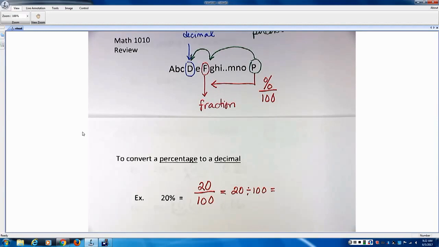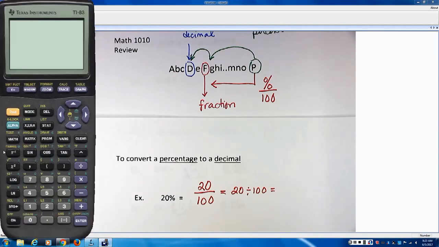And I am perfectly fine with you using your calculator to make these conversions. Put 20 divided by 100 on your calculator so that it will put it in reduced form, because I'm not going to teach you how to reduce fractions to lowest terms. You have a perfectly good tool here that's going to do that for you.